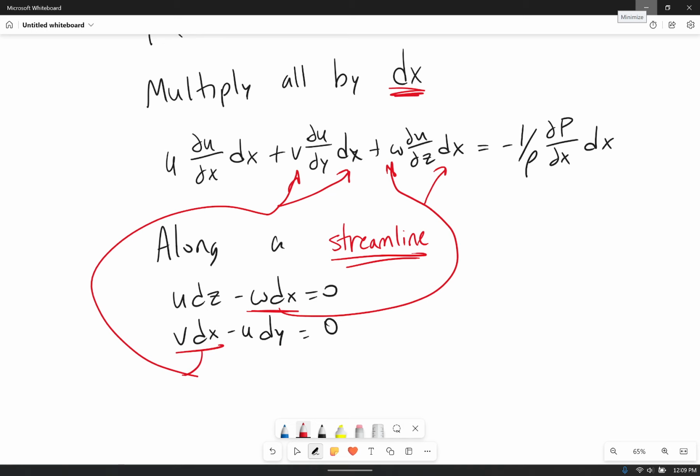And so what I can do is use these equations for a streamline to help me fix those and change those. So I'm going to say that w dx is equal to u dz, and that v dx is equal to u dy.